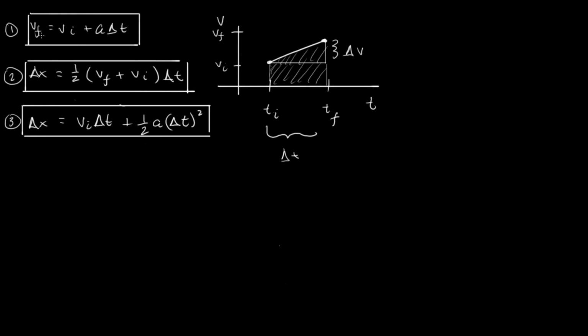That's 1, 2, 3, 4, 5. So that means you can have 4 unknowns without the time. In order to do that, we can start with equation number 1 and just isolate the time, and then substitute that into 2.